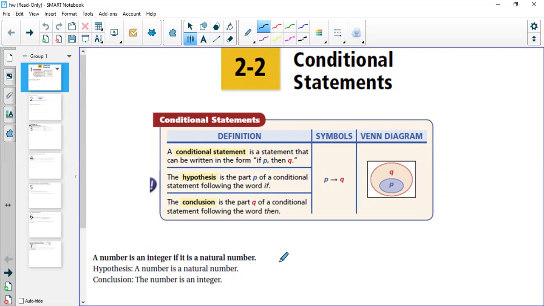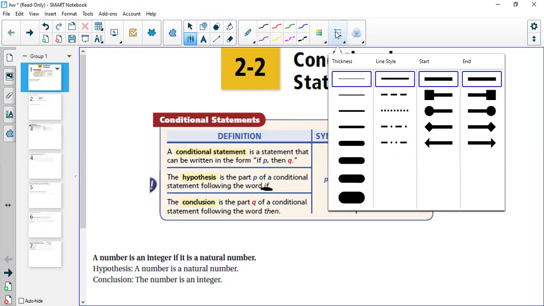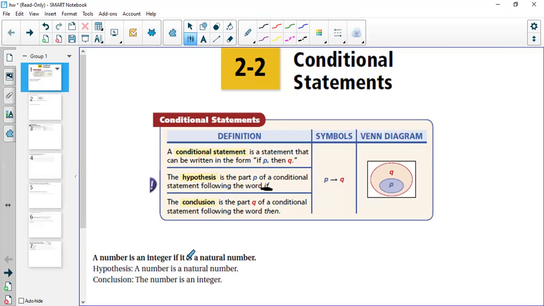As I said, hypothesis means if this happens, what will happen? From this itself, you can find out the hypothesis. Hypothesis follows the word if, so your hypothesis starts from here: if it is a natural number. But what are we talking about? The sentence talks about a number.